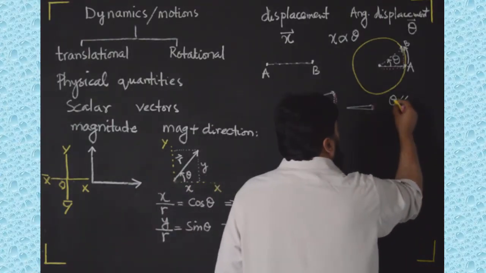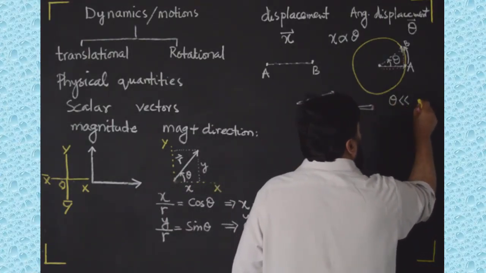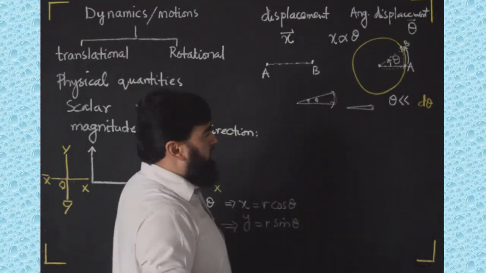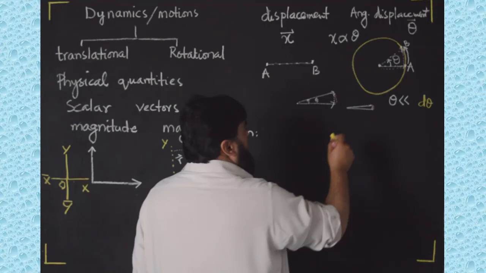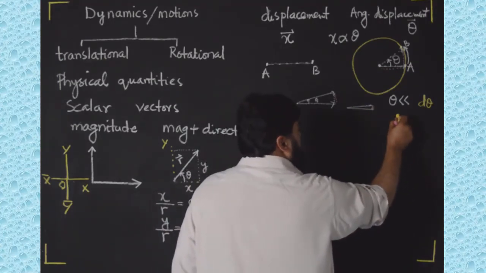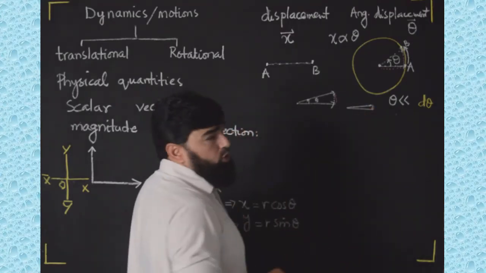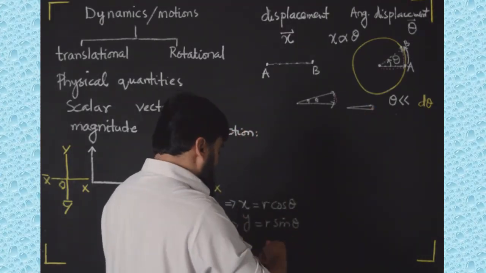When this theta is very small, I call it d theta. How small? So small that this perpendicular is exactly the same as this one.